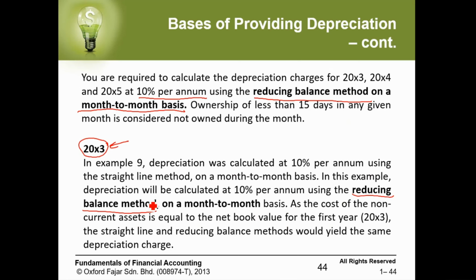Why? Because if you remember the difference between the reducing balance method and the straight line method, we need to reduce the previous depreciation, or what we can call it, we need to use the carried values. Okay.